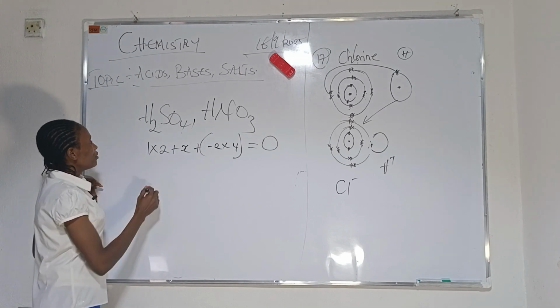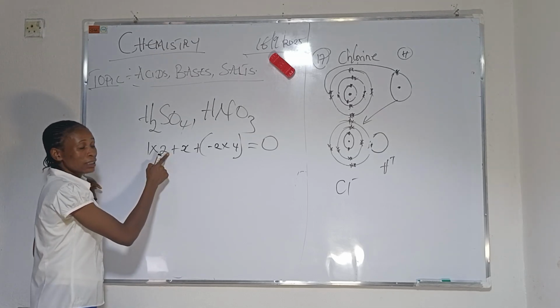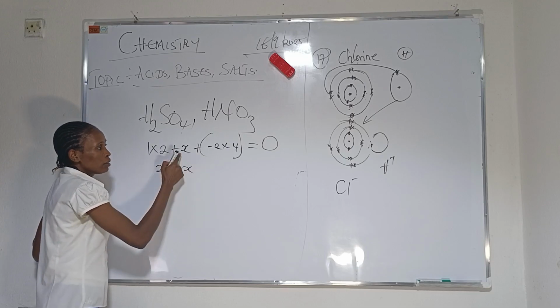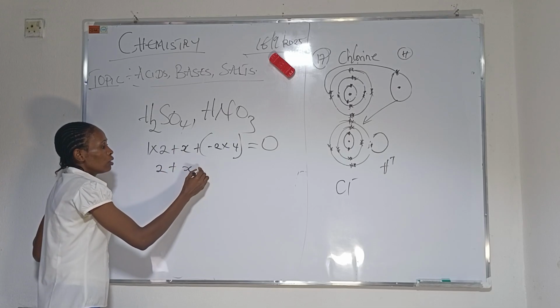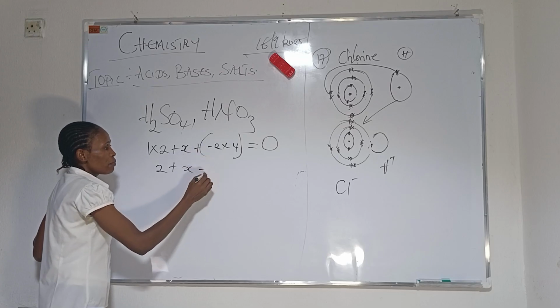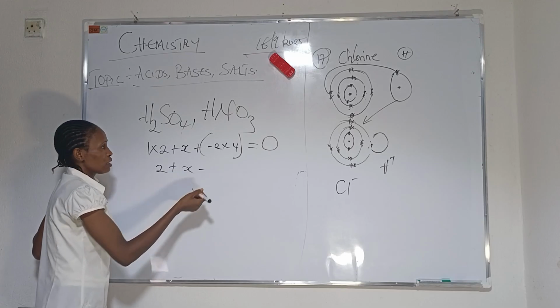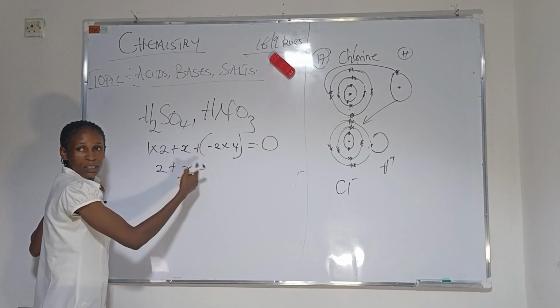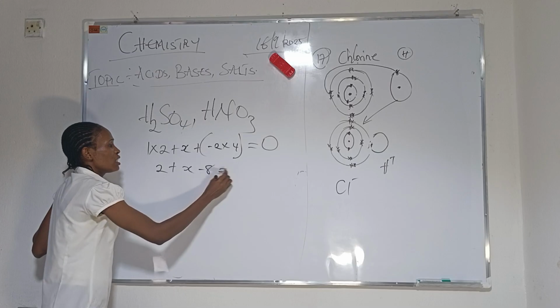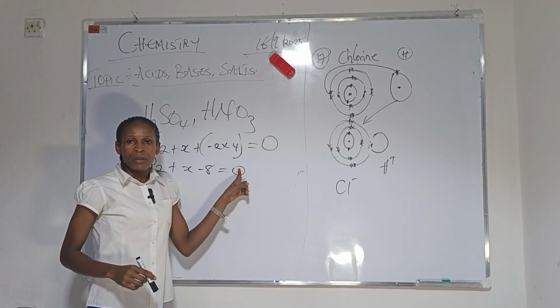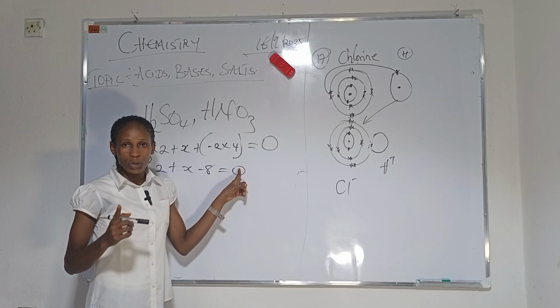Okay, this is 1 times 2 plus X. That is my unknown. Let me open the bracket. It will now be minus 8, since minus 2 times 4 is minus 8. So I am having 1 times 2 plus X minus 8 equal to what? 0. Why am I equating it to 0? Remember what I said; it comes from the rule.